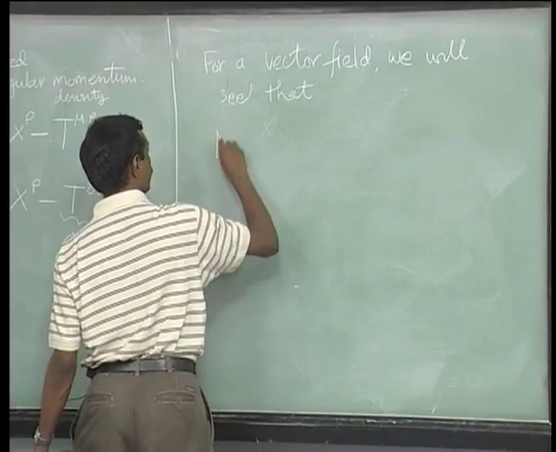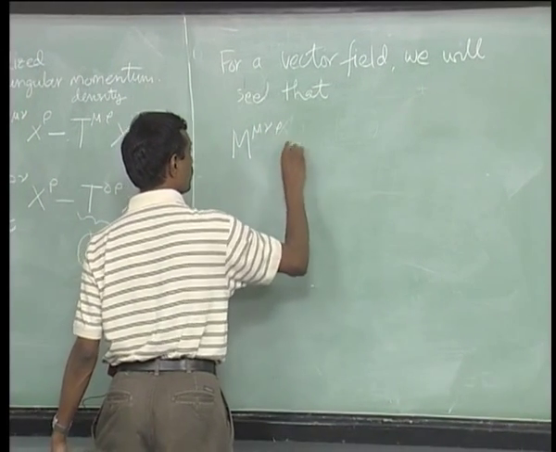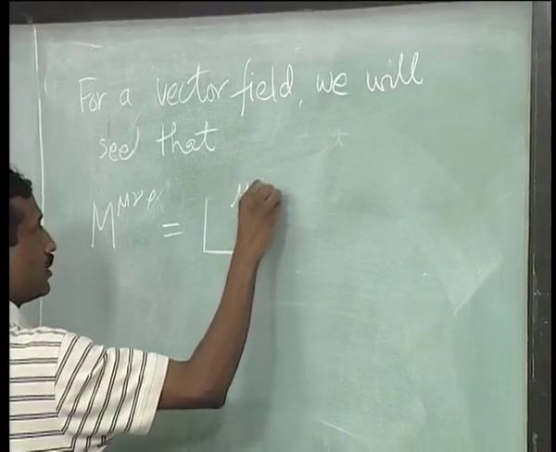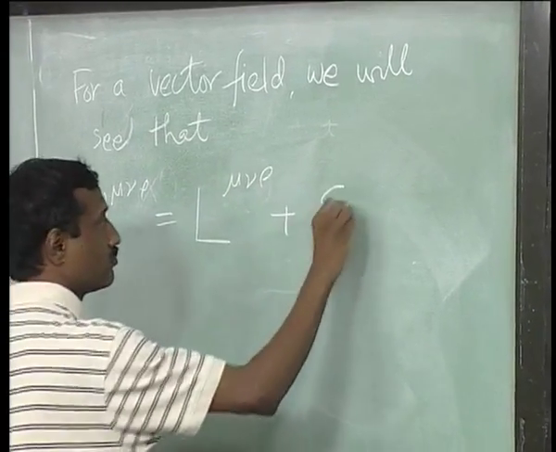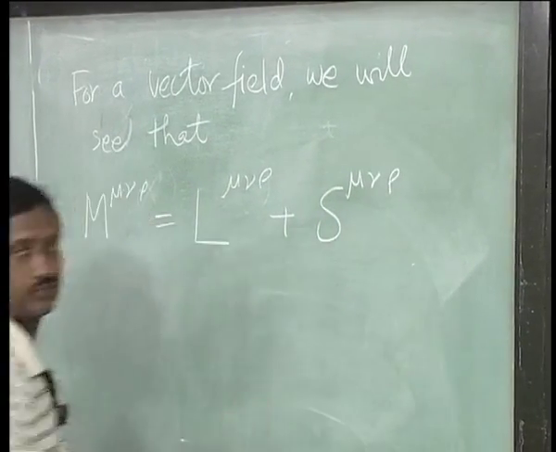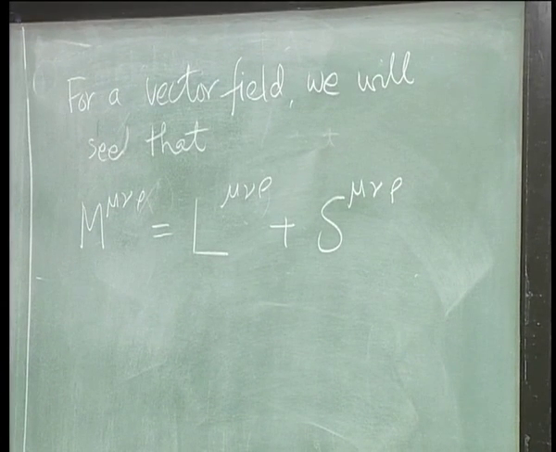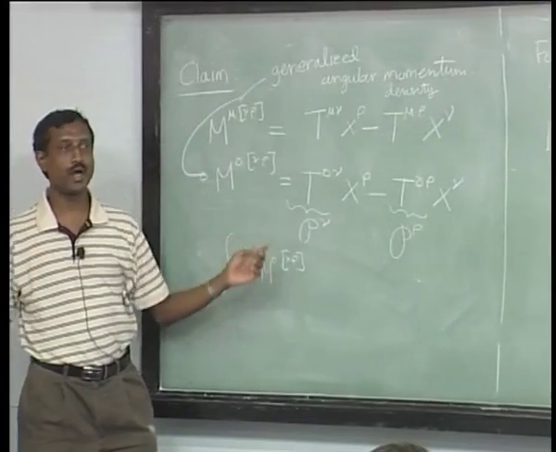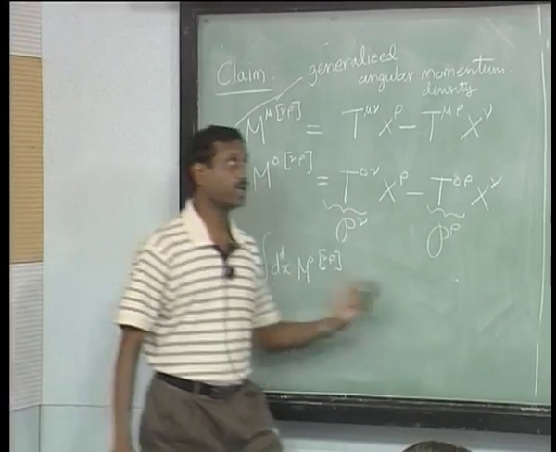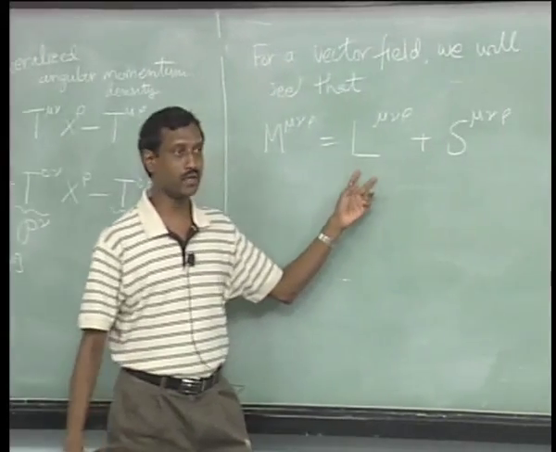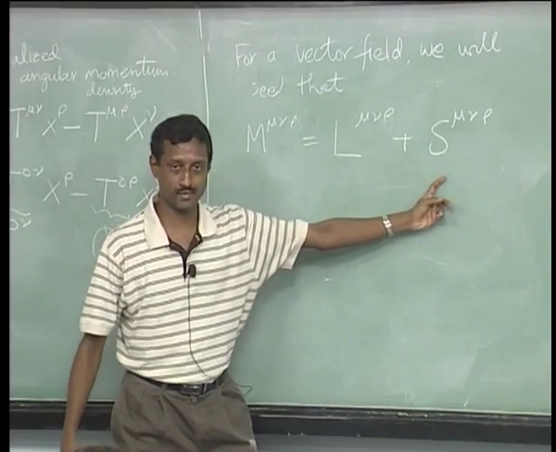That will have 2 parts. One will be exactly like what I wrote here, the r cross p kind of generalization, but this will not be conserved; the conserved current has an extra piece.